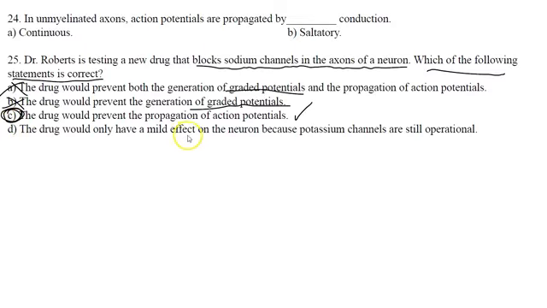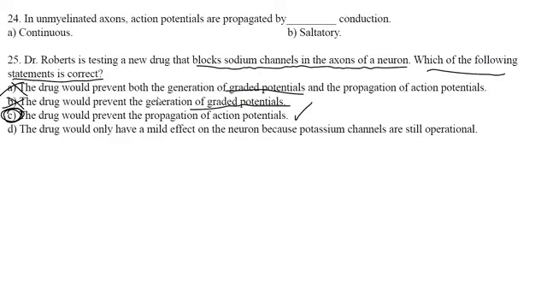The drug would only have a mild effect on the neuron because potassium channels are still operational. Now, yes, we know potassium channels are important, right? We also know potassium leak channels are important. Great. They didn't really tell us if this is myelinated or not. But potassium is important for a lot of other bodily functions, but when it comes to action potential, we know that in order to even start an action potential or to trigger it, you have to get to that negative 55 millivolt threshold, and then you're going to depolarize to plus 30 before potassium channels even open.